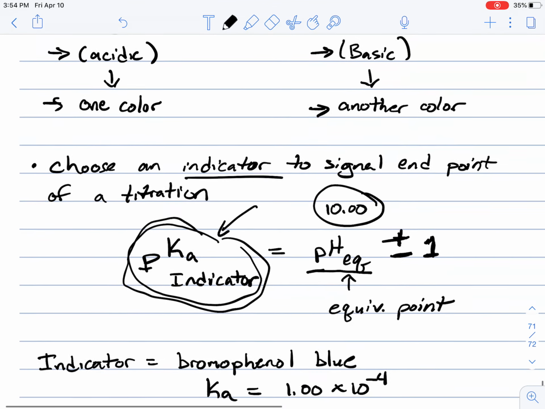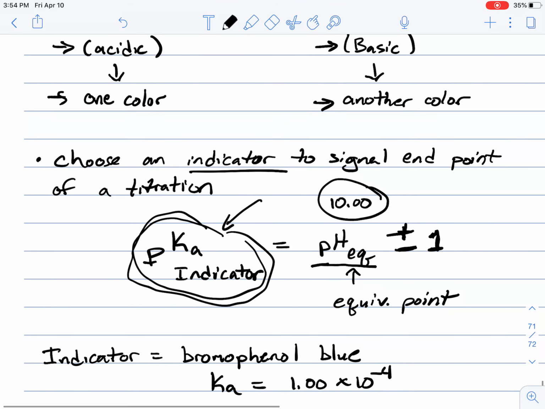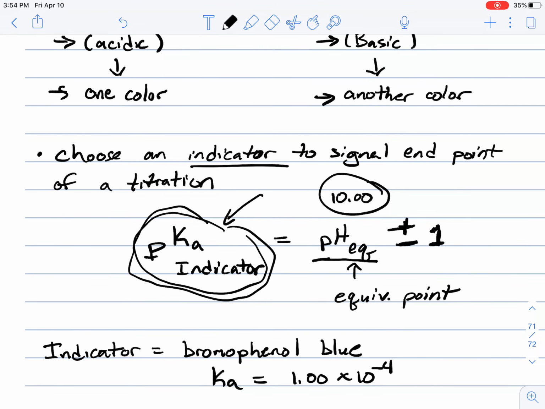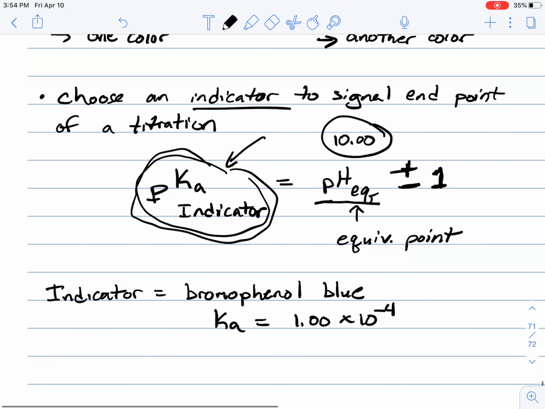Let's go through an example. So for example, the indicator is going to be bromophenol blue. It turns out that the acid ionization constant for bromophenol blue is 1.00 times 10 to the negative 4. Therefore, its pKa is just the negative log of it, which is just 4.